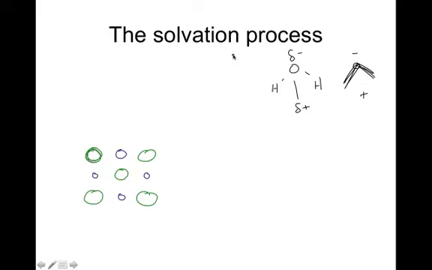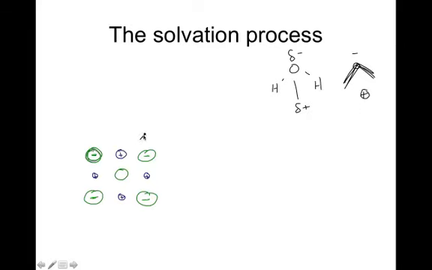So here's what happens. If you remember, the chlorine atoms are negative because they have obtained an electron from the sodium atoms, which are positive. And so since water has these positive and negative ends, the partial positive and partial negative ends, they can interact with the salt. And so what happens with the negative of the chlorine atom, well, the positive end of the water would be attracted to the negative chlorine.